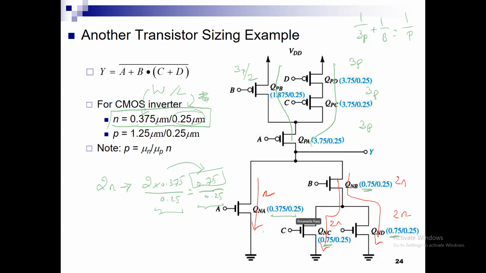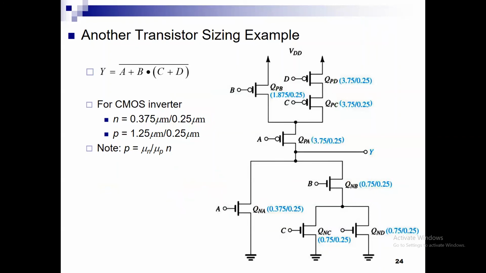Okay. In a similar fashion, here they have to become 3p, so if this is 3p, 3p, 3p, this has to become 3 times 1.25 over 0.25, which is equal to 3.75 over 0.25, the number that you see here.